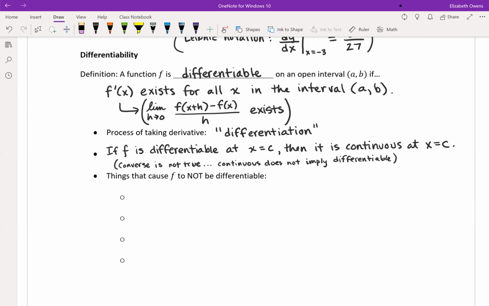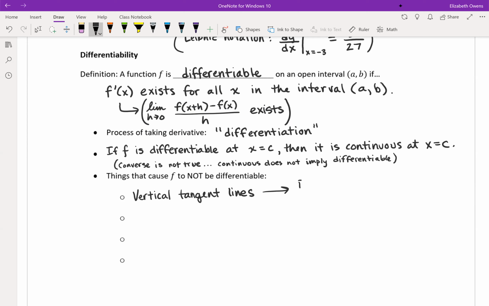Now, a lot of these things that cause a function to not be differentiable match up with things that cause limits not to exist, because that's a key component of differentiability. So some things that cause a function to not be differentiable are vertical tangent lines, because remember that the derivative represents the slope of the tangent line.